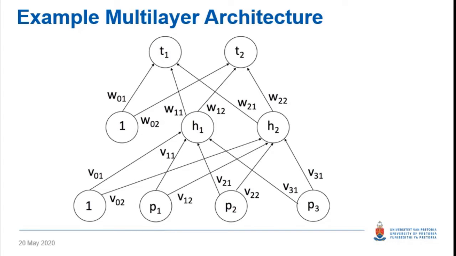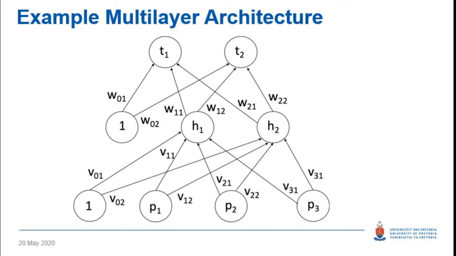Basically, all the biases start with an index of 0 to indicate a bias, and then it maps to the next layer, and the following index is that of the node in the next layer. So for example, V01 maps from the input layer to the hidden layer, 0 indicating the bias and 1 indicating the first node in the hidden layer.